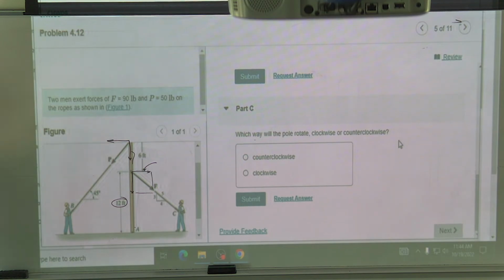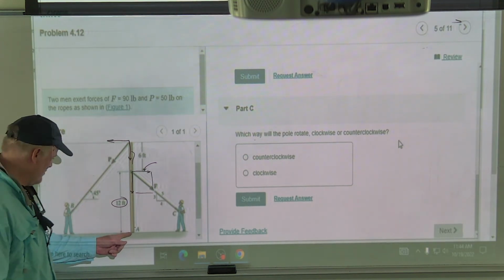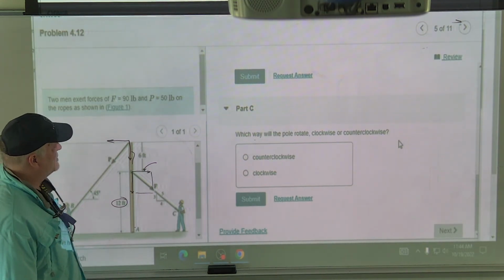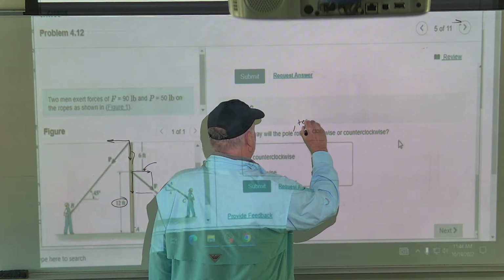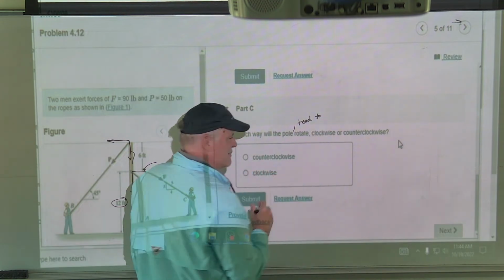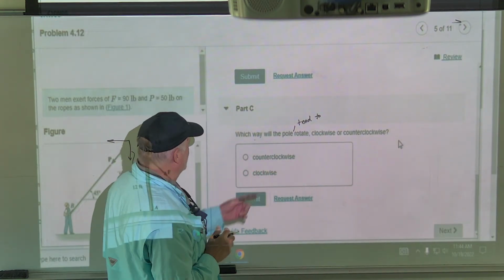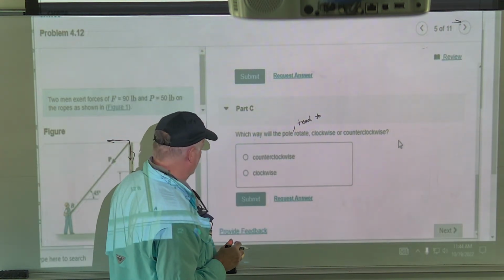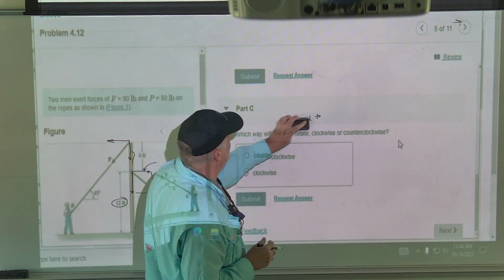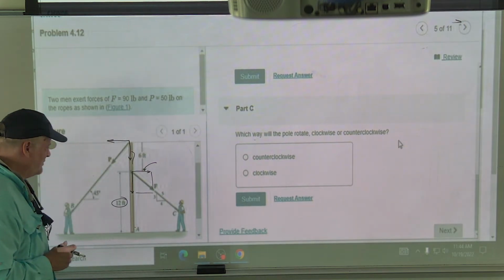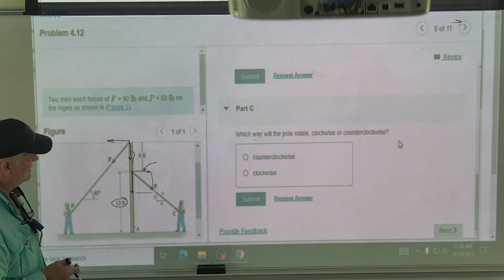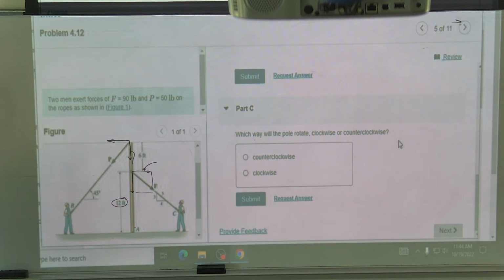Well, if it's buried in the ground, it's not going to rotate at all. You should say, which way will the pole tend to, I'm being particular, tend to rotate. Want to rotate, but it may not rotate at all. I can see why you asked that, though. That's okay.